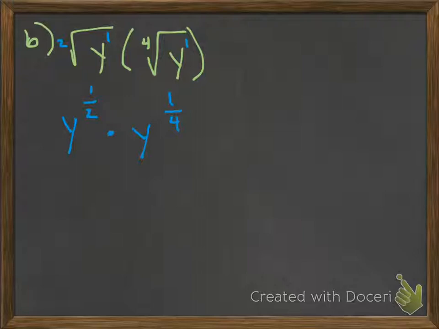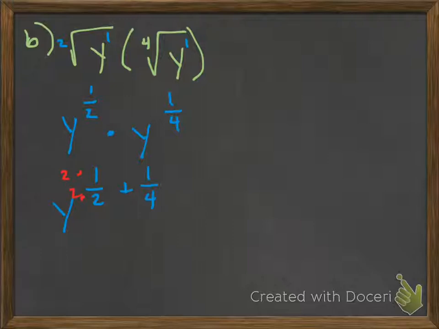So multiplying my bases, that means I add my exponents. So I'm dealing with y to the 1/2 power plus 1/4 power. And when I go to add, I need to have a common denominator. So when I look at these fractions, my common denominator would be 4. So I need to multiply this 1/2 power by a 2.